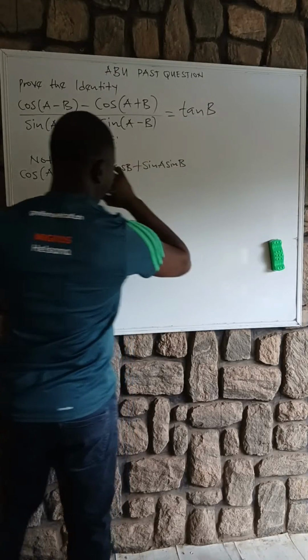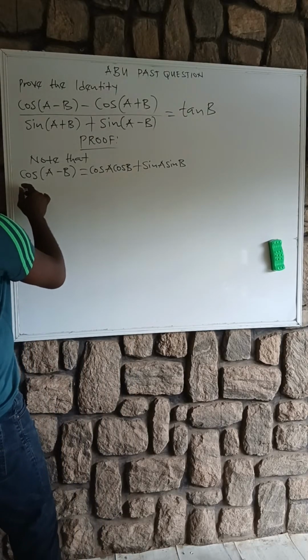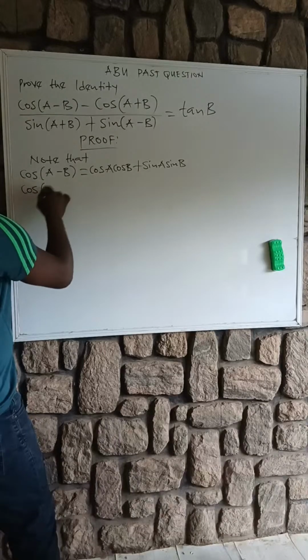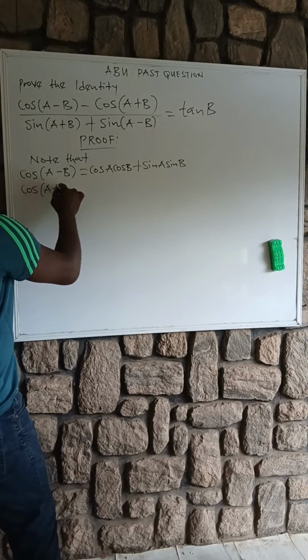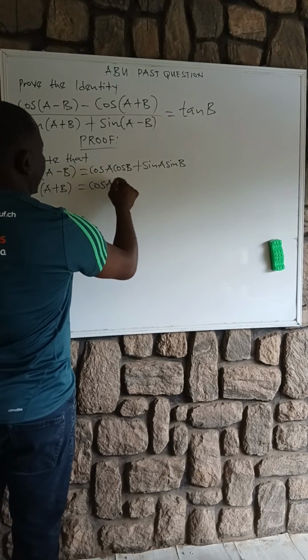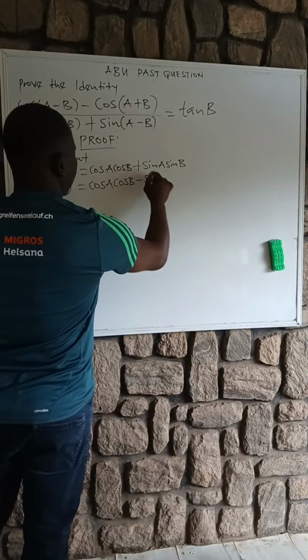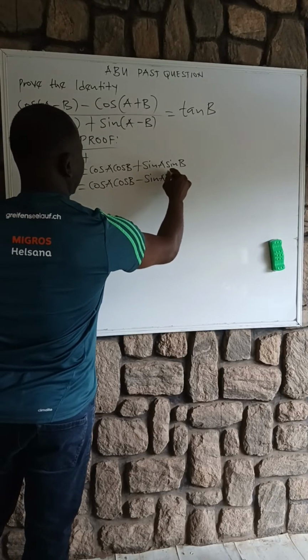You have to take note. Then cos(A plus B) is equal to cos A cos B minus sine A sine B.